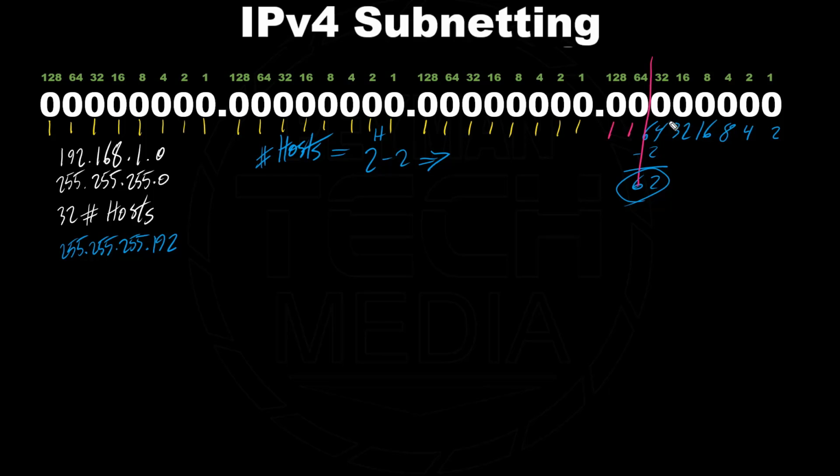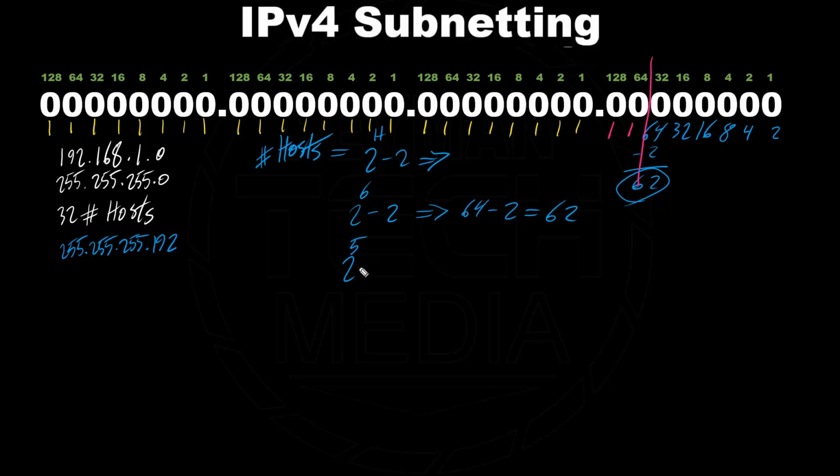So now we have 1, 2, 3, 4, 5, 6 host bits. Let's see. 2 to the power of 6 minus 2, this is 64 minus 2, 62. So if we stopped here, it would be 1, 2, 3, 4, 5, right?